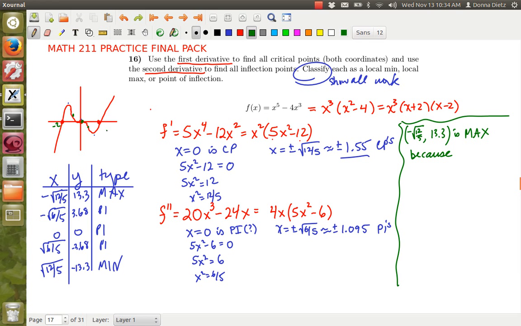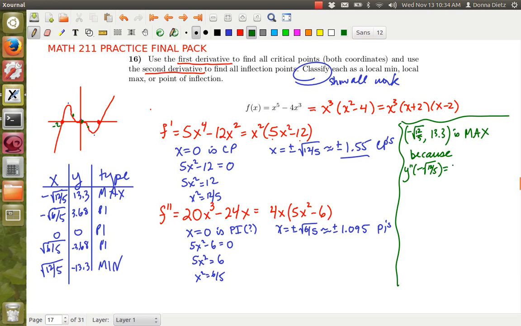And you can write me a paragraph that says that. But the easiest way is to actually look at the second derivative, because y double prime at this point, you look at the concavity. See, if it's concave down, then you have to have a max. So let's just calculate this.